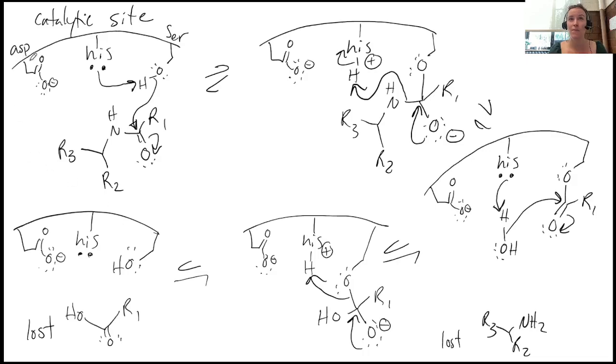Finally, folks, we saw aspartate kind of just sitting around. We know it's participating in those low barrier hydrogen bonds that are important for this mechanism to happen. But we can also use our Coulomb's law thinking at different points in the mechanism. For example, let's take a look here at step 2. We see that aspartate is negatively charged, and since histidine accepted a proton, it is now positively charged.